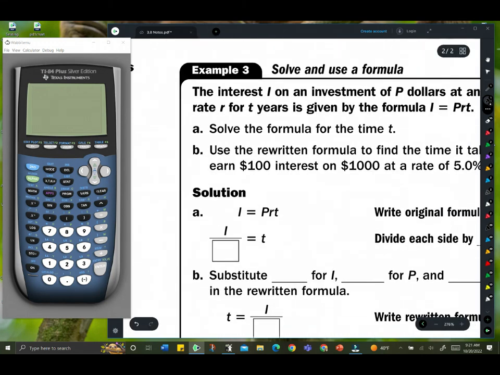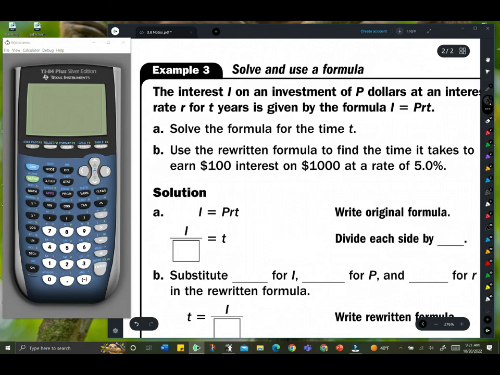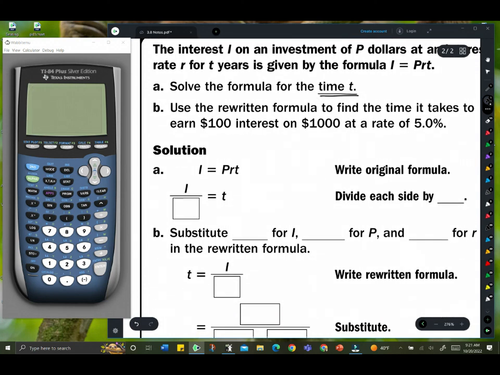Where this can be helpful is maybe we have a formula like the interest. The interest formula is I is equal to PRT. We can solve the formula for t. Looking at this, we'll get to letter B in a second. We need to get t by itself.